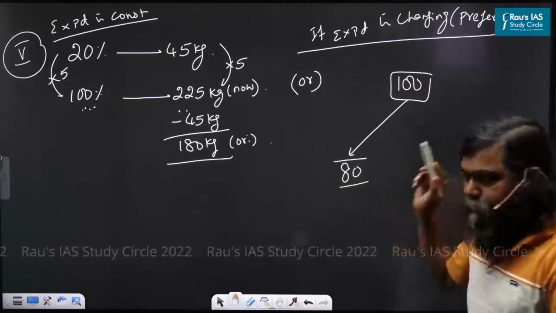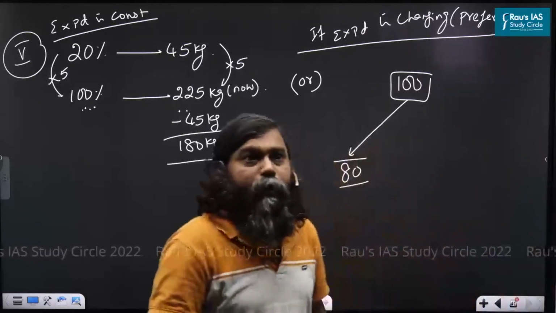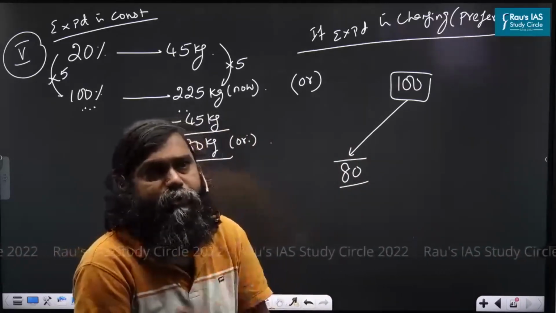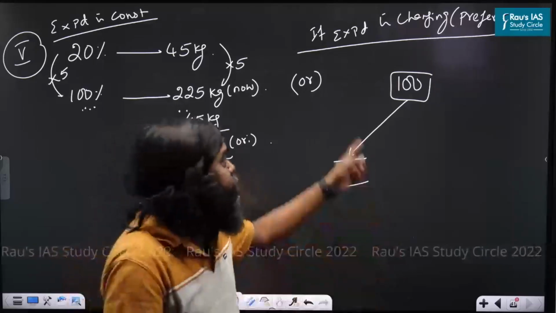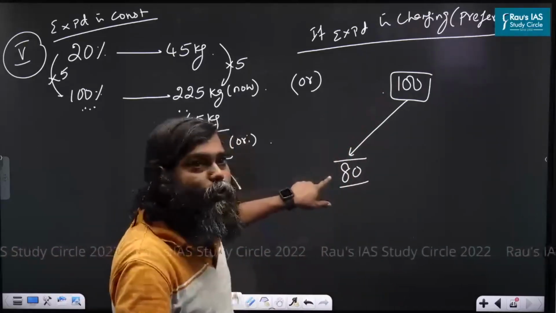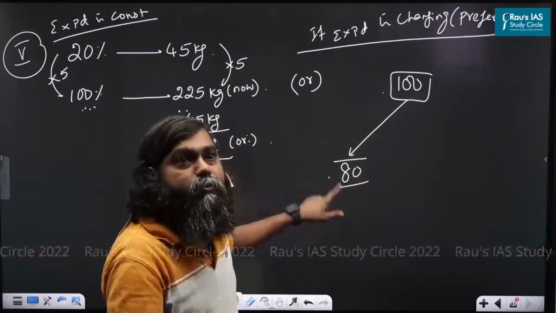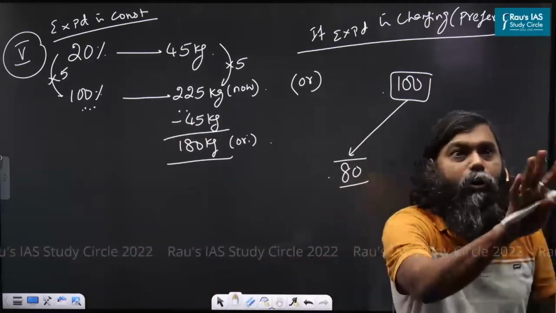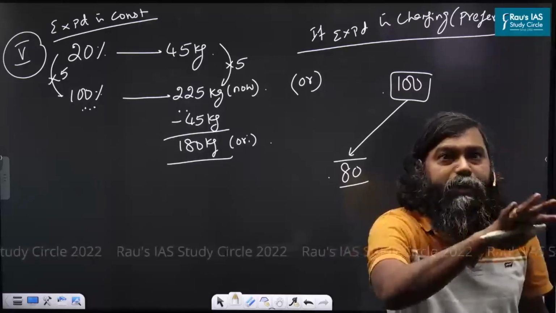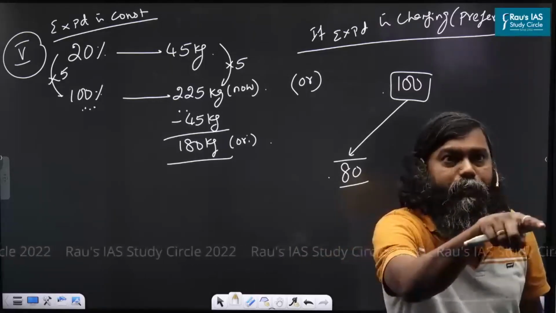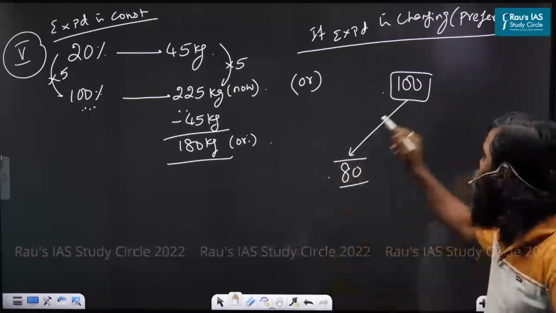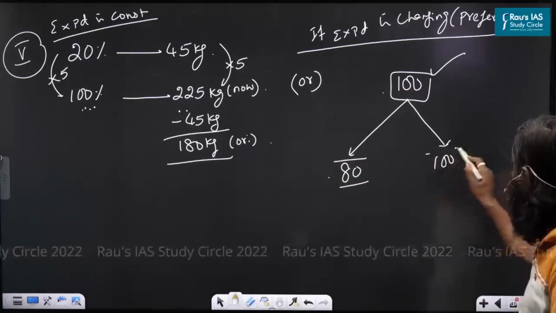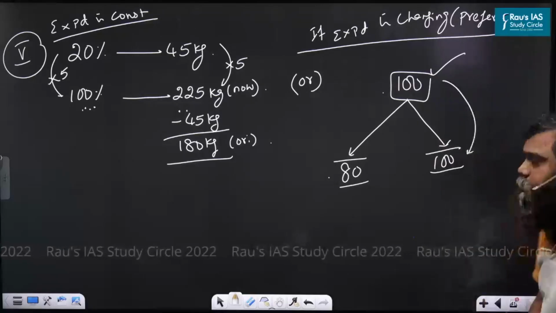But does the question allow you to decrease your expenditure? No. That means expenditure is constant. You have to spend the same money as the earlier expenditure. You cannot change this expenditure.